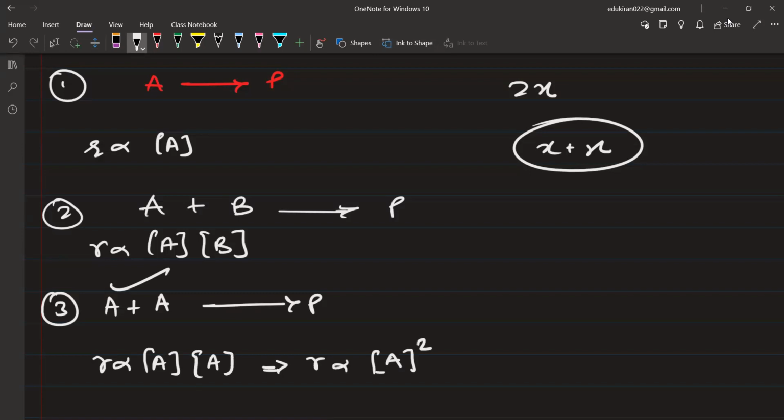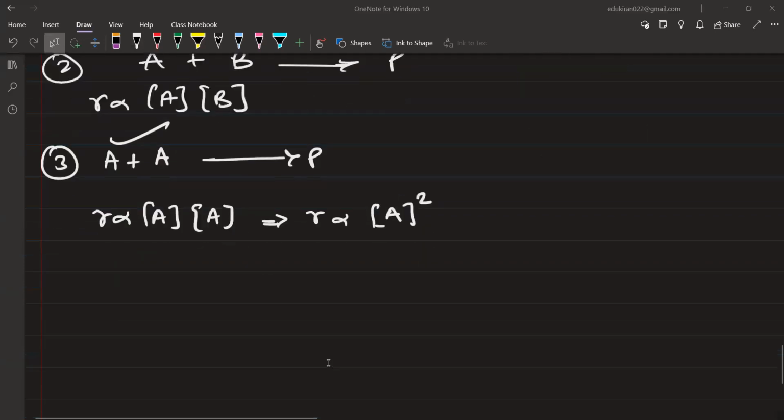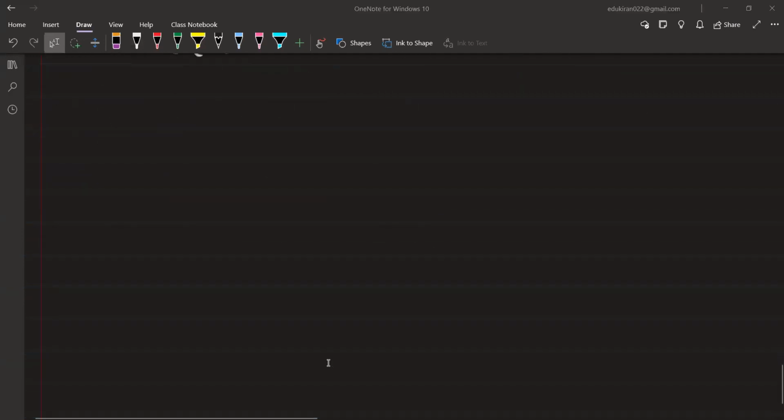This is called the law of mass action. You will write from here: Law of mass action.